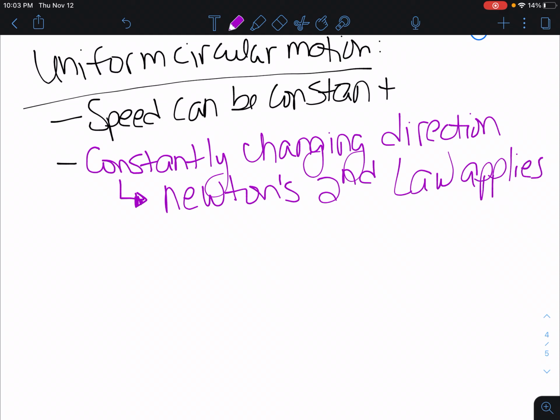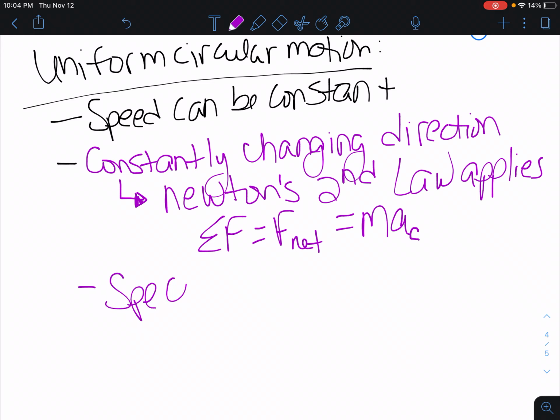So we learned in the last unit, or we're still working on learning, that Newton's second law means the sum of the forces, or the net force, is equal to mass times what we call the centripetal acceleration. So it's still mass times acceleration, but we have a special type of acceleration. So uniform circular motion is a special type of acceleration.